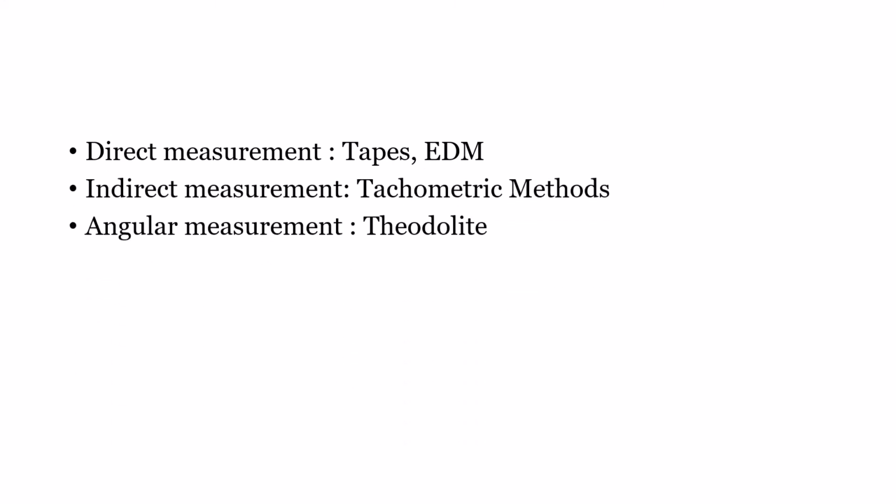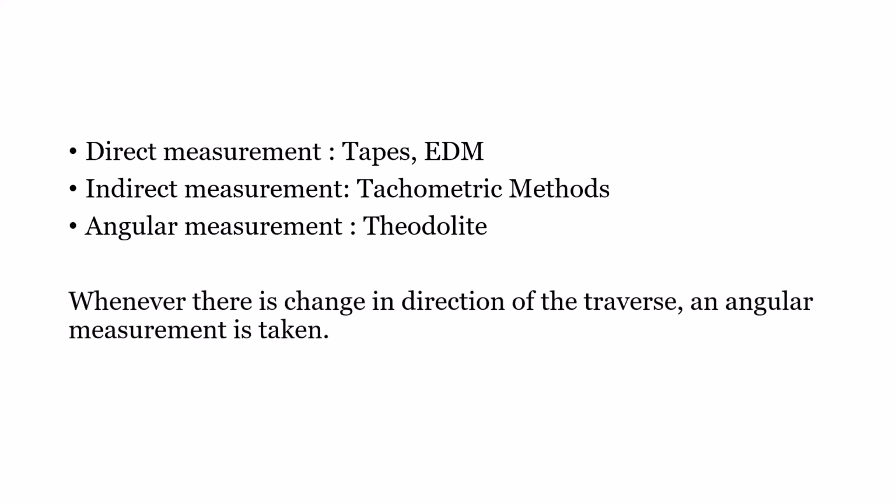Direct measurement involves tapes and EDM, electronic distance measurement devices, indirect measurements like tachymetric methods, and angular measurements like theodolite or compass surveying. Whenever there is a change in direction of traverse, an angular measurement is necessary.